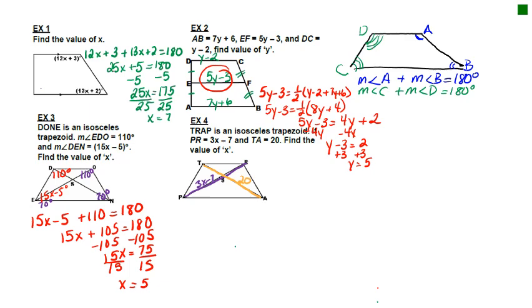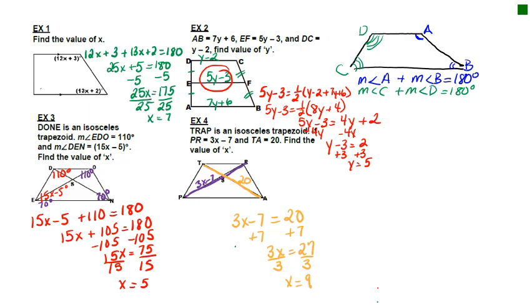Find the value x. Those two are congruent, so 3x minus 7 equals 20. I'm going to add 7. I get 3x equals 27, and then divide by 3, and x is 9.